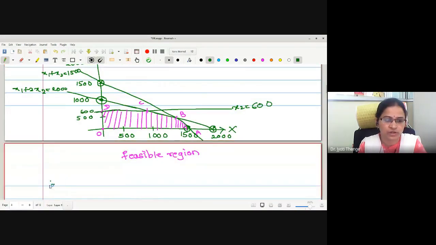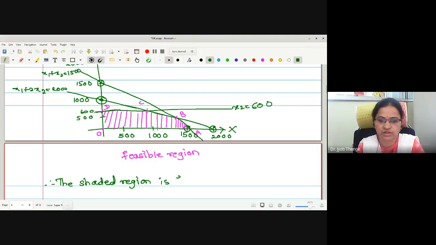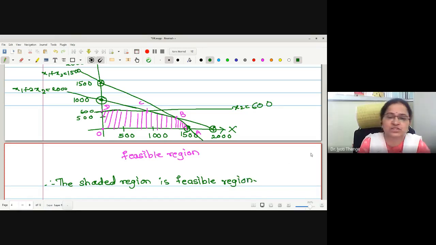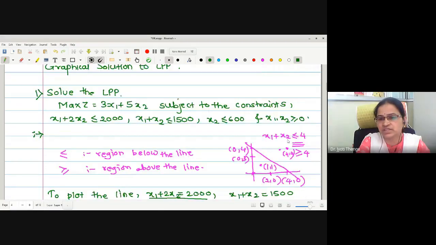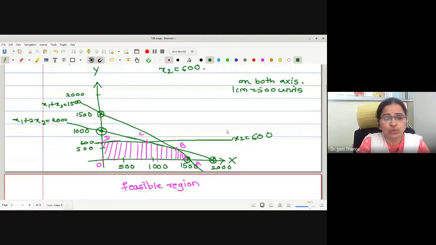First I'll write the shaded region is the feasible region. Why have I taken all the shaded region in the first quadrant only? Because of these restrictions: x1, x2 greater than or equal to 0, x1, x2 non-negative. In which quadrant does this possibility come? This is going to hold only in the first quadrant.